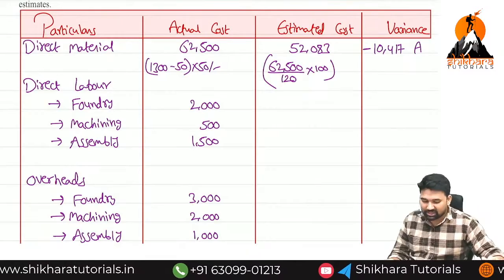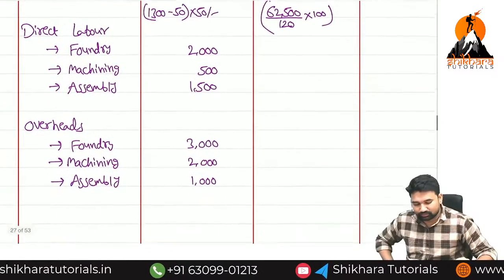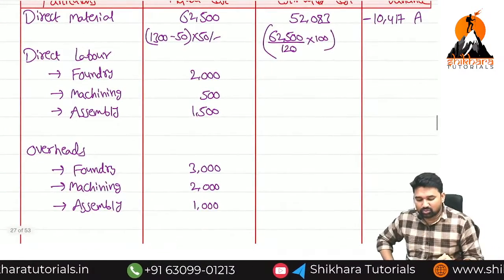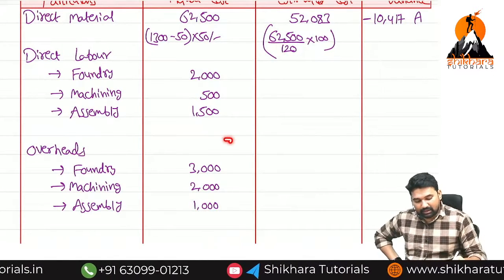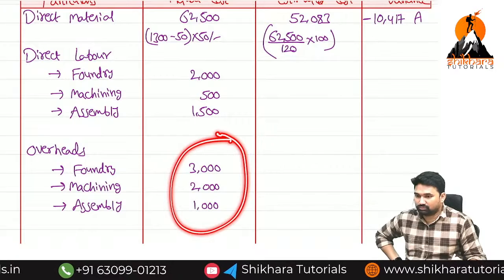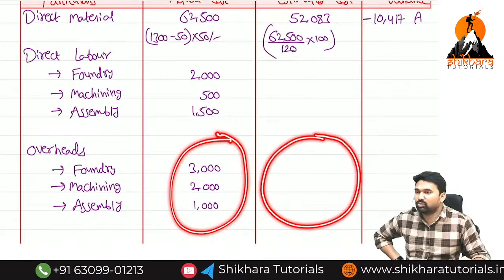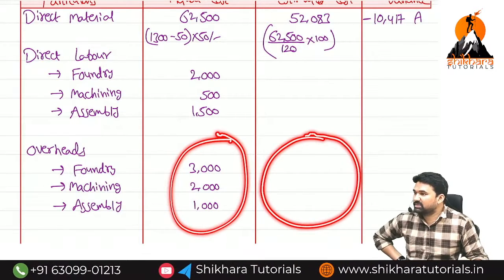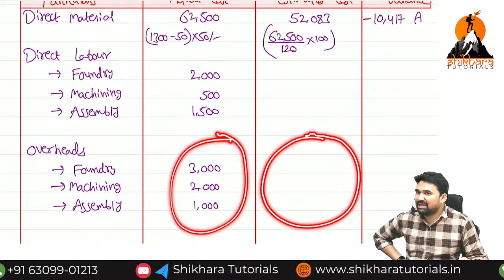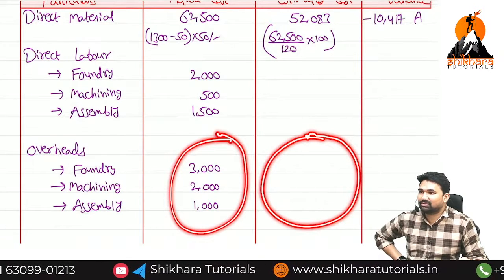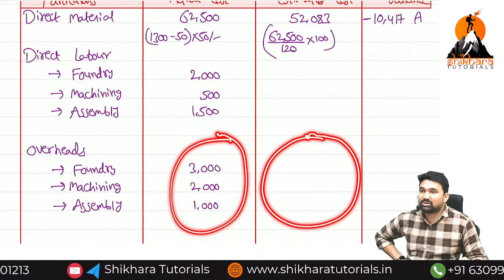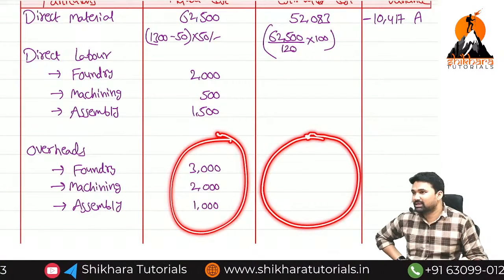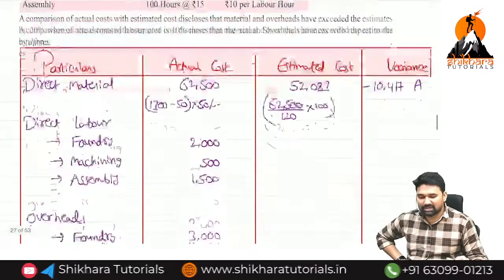Okay, listen carefully. Now, with respect to overheads also, actual cost we know, but estimated cost we don't know. But link has been given. What is the link? Actual cost is 20% more than estimated cost. Sir, where is it given?